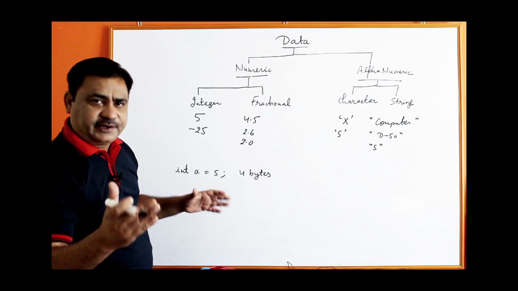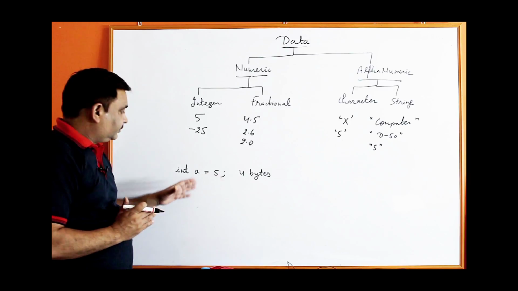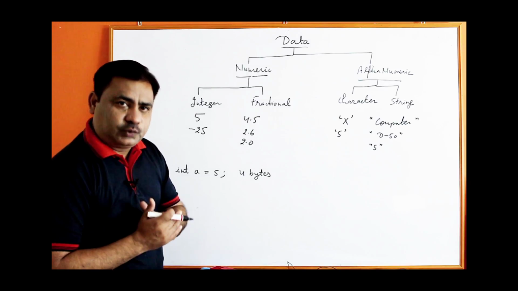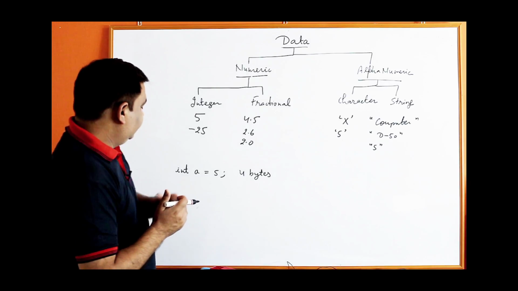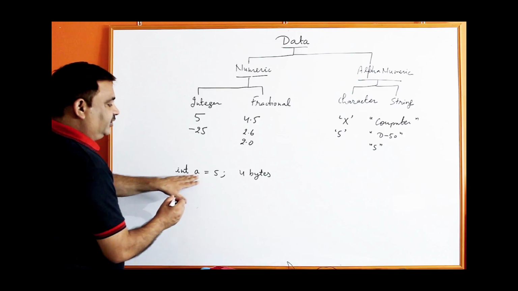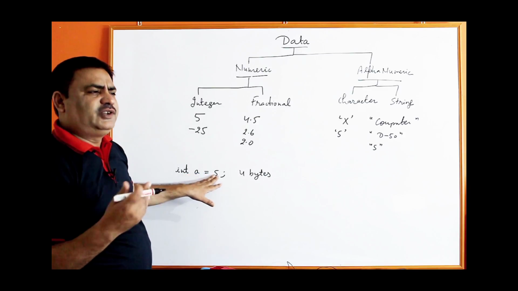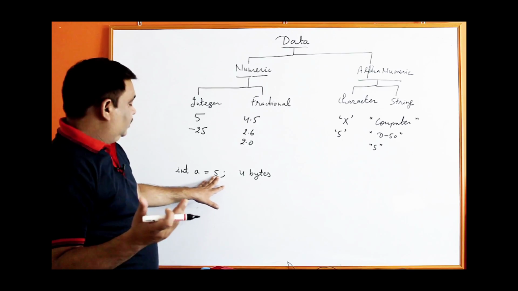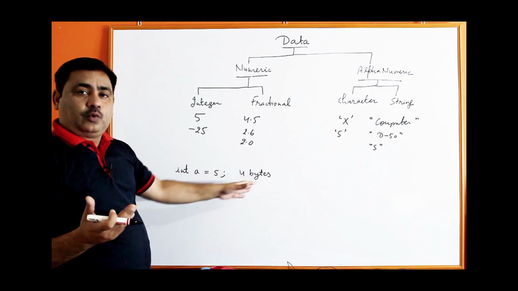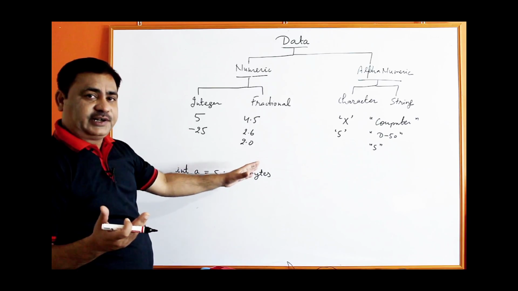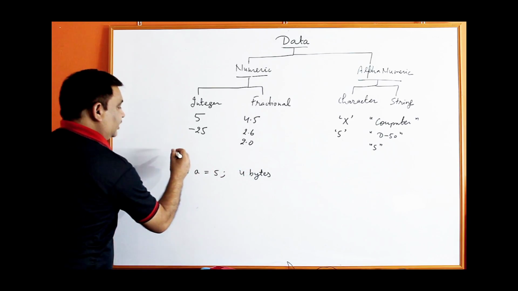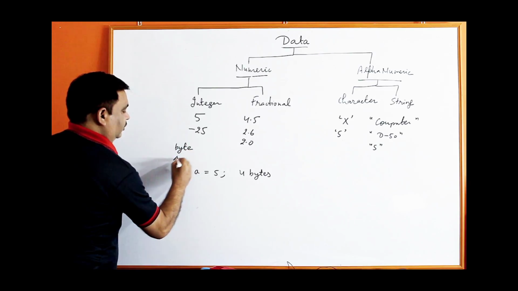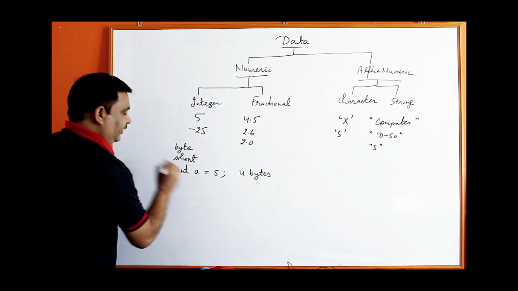The exact range is given in my notes, you can go through it. But if you have to store the age of a student, and you declare int age, the maximum age of a student may be 100, so 4 bytes will be required, but it is better to use other data types.